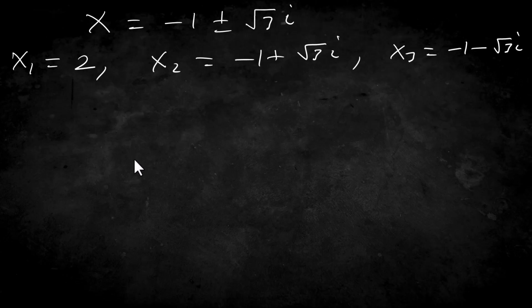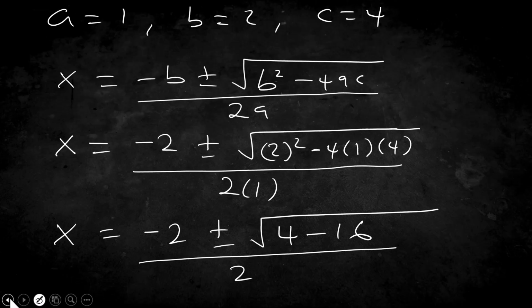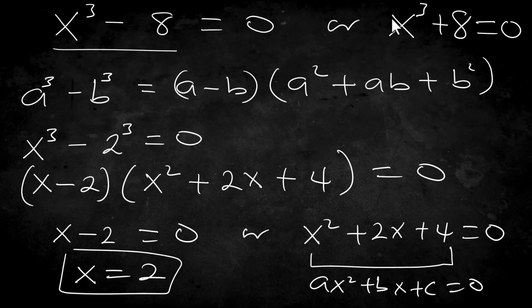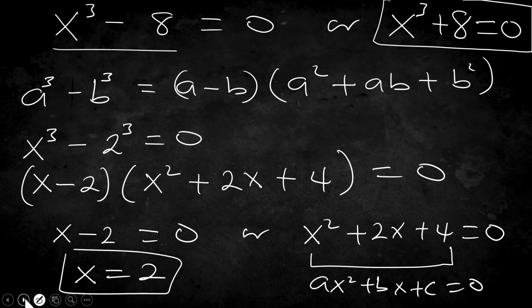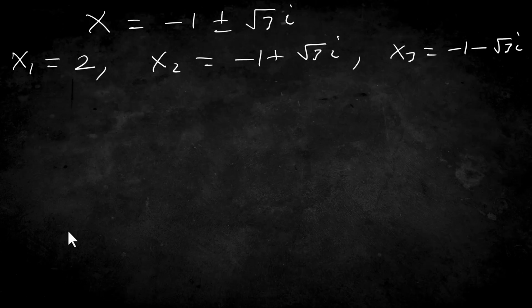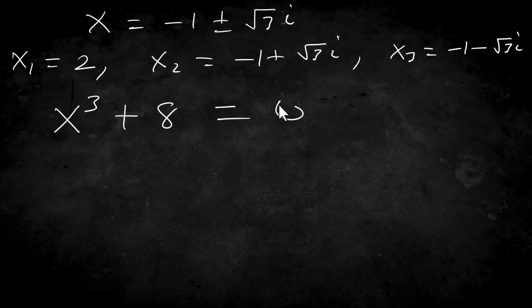Now let's look for the next 3 solutions. That will be the sum of cubes. We are done with the difference, so let's look at the sum. x cubed plus 8 equals 0.